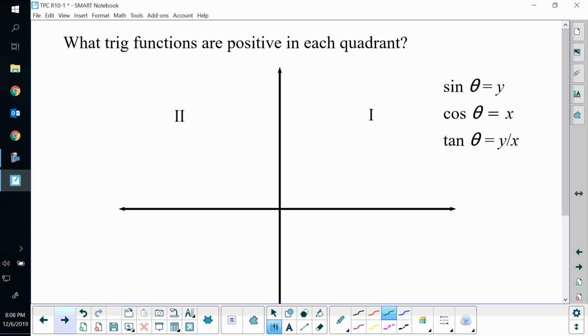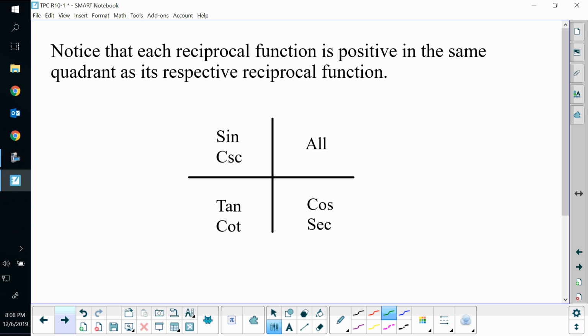But something you saw last year that will come into play sometimes on the Regents exam is our ASTC. So these letters stand for which trig functions are positive in each of those quadrants. And if you look at the bottom of page 2, we have it written out there. So the A stands for all, so meaning all trig functions are positive in the first quadrant.